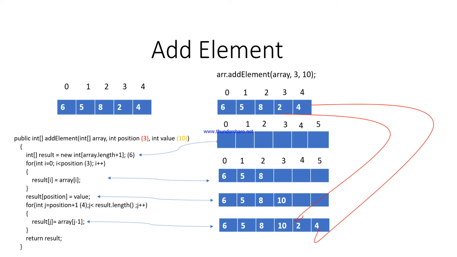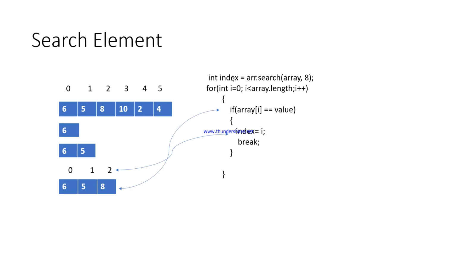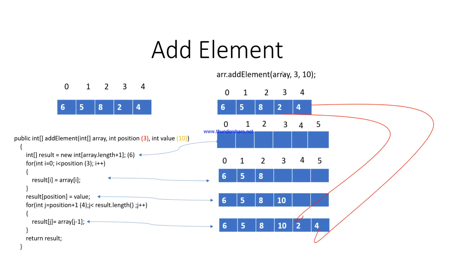In the add operation, in my example, I'm going to insert an element in an array. I have a method called add element, and I'm giving 3 parameters. One is the array, the next one is which position, and the third one is the value. So I'm giving the original array, at what position the value has to be inserted.